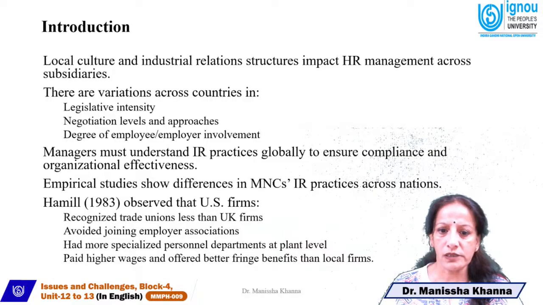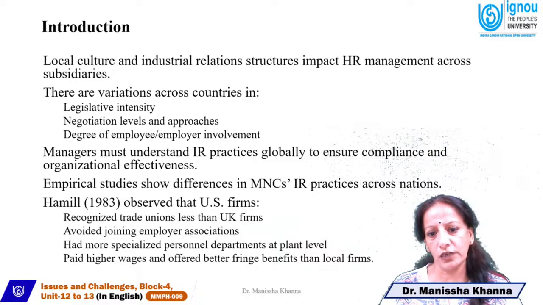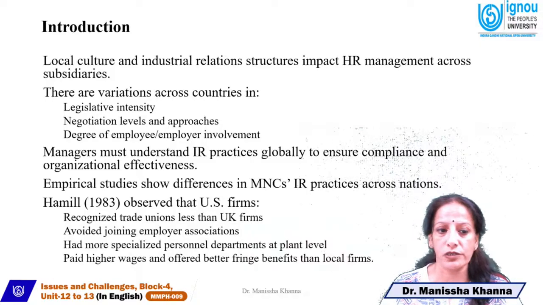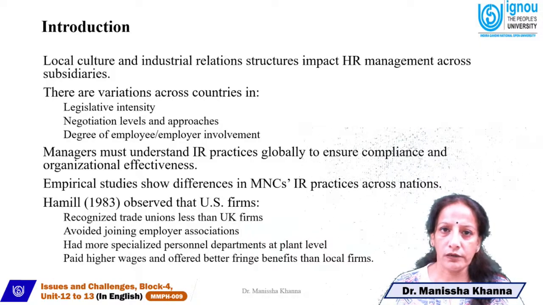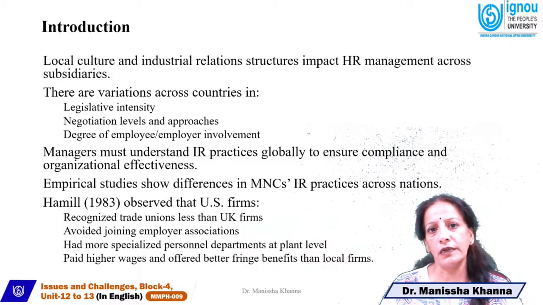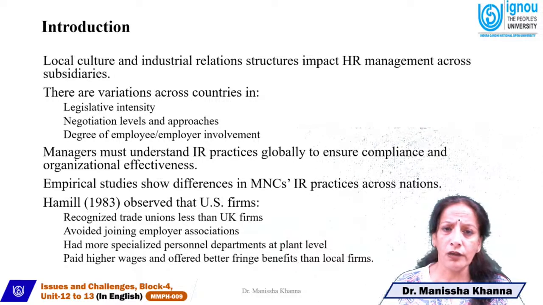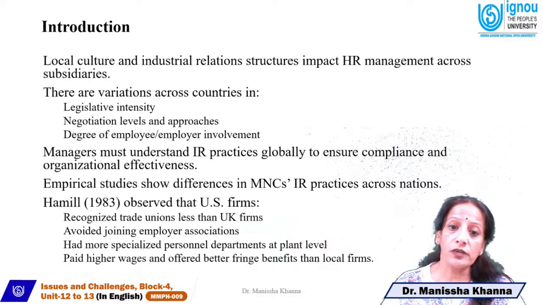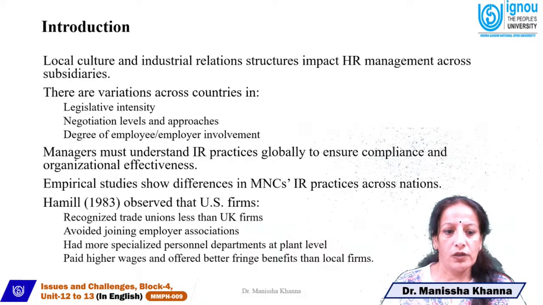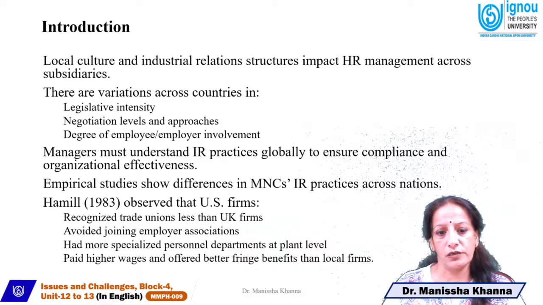There are certain empirical studies which show the multinationals' IR practices across nations. One among those, from 1983, observed US firms and recognized that they were less unionized than UK firms, avoided joining employer associations, and had more specialized personnel.